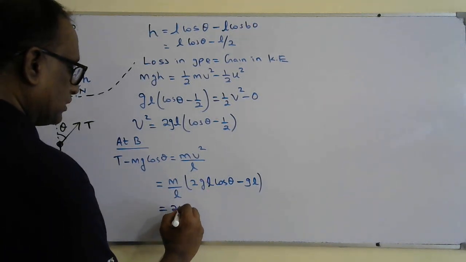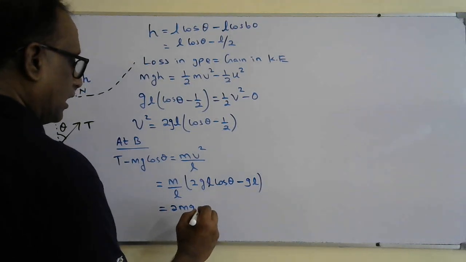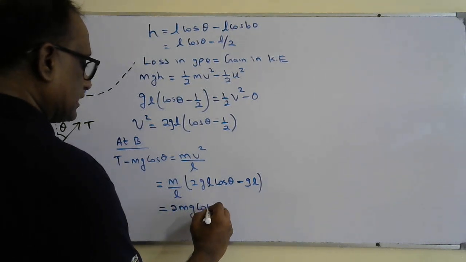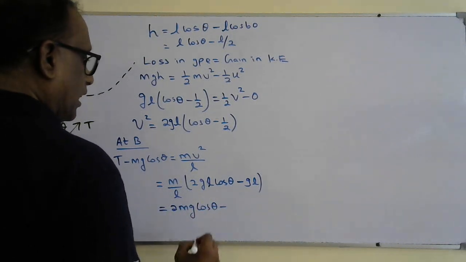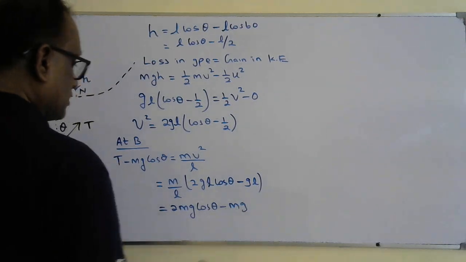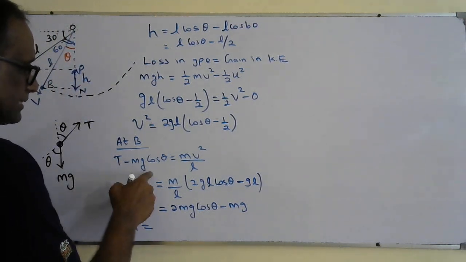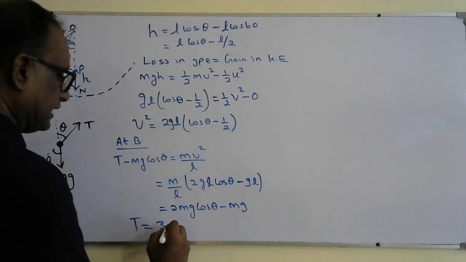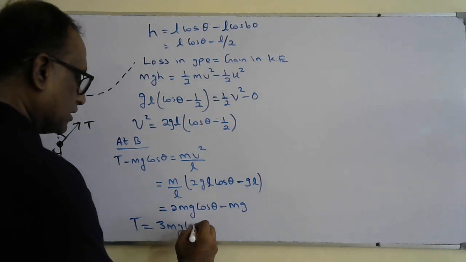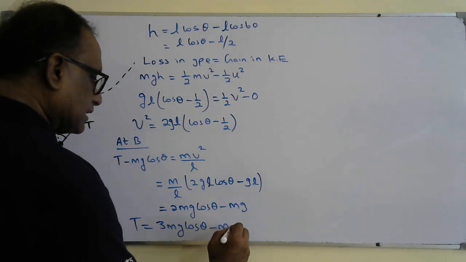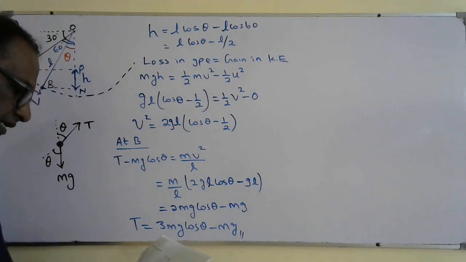So that is 2mg cos theta minus mg. So that is T minus mg cos theta. So T is going to be, when you go to the right, 3mg cos theta minus mg. Okay, that's the final expression.